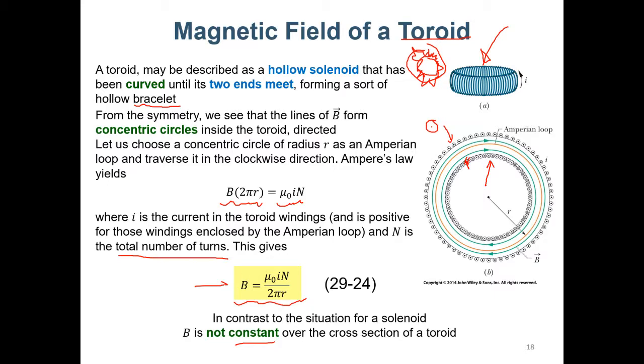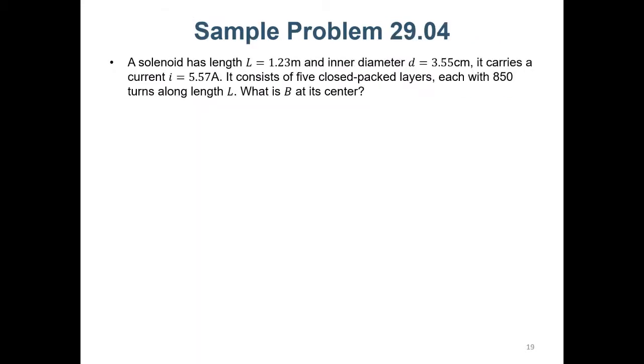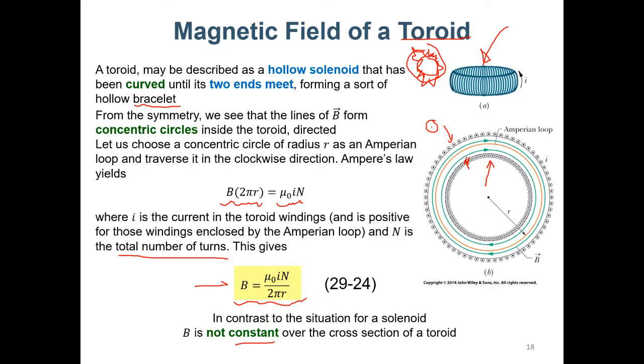Because you can simply imagine that the loops are denser near the center, so you can see a gap between the outer loops. So of course the magnetic field close to the outer loop will be weaker, which matches the intuition. Any questions?